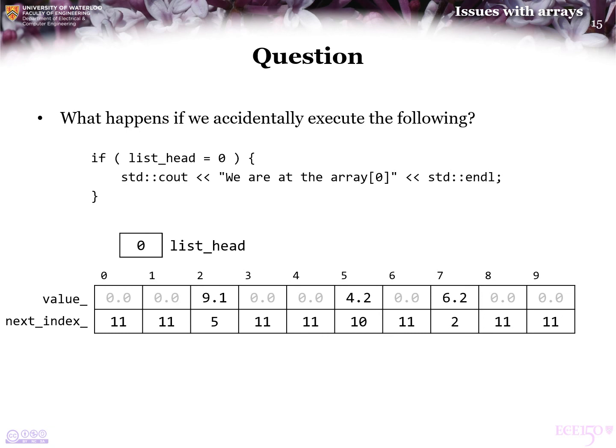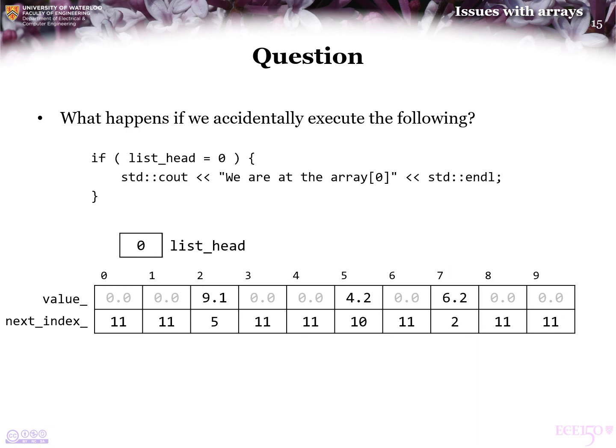Well, this is technically a memory leak because we still have 3 nodes, all of which have their next index set to something other than 11. And if we are using 11 as a next index to indicate a node is not being used, then none of these nodes can be used anymore. However, we don't actually have access to any of these nodes. Now, yeah, technically we do.